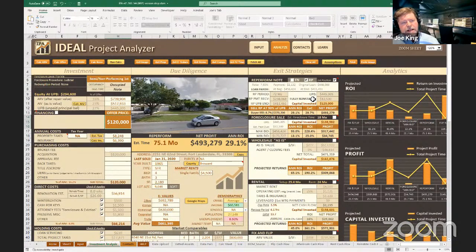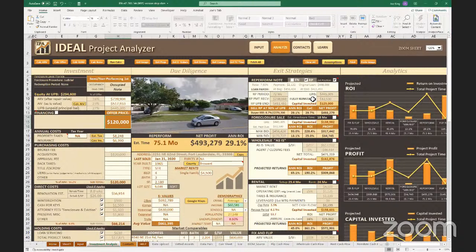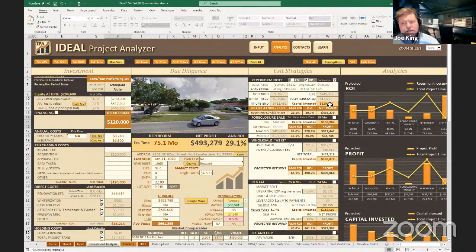In that 3 months, we have a holding time that we're losing money, and that all gets calculated into this capital invested. So what we're showing in each of these exit strategies is your true capital investment at each exit strategy. You'll notice that in the foreclosure, the capital invested goes up because now you have legal fees and more holding costs and more time. So that's what that's for. Does that make sense?